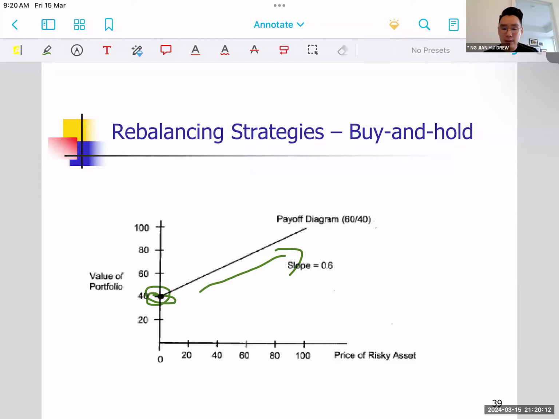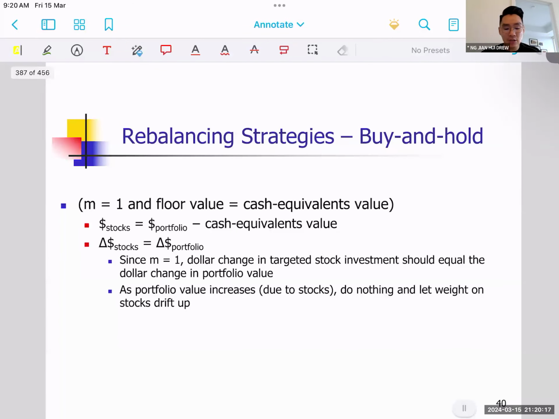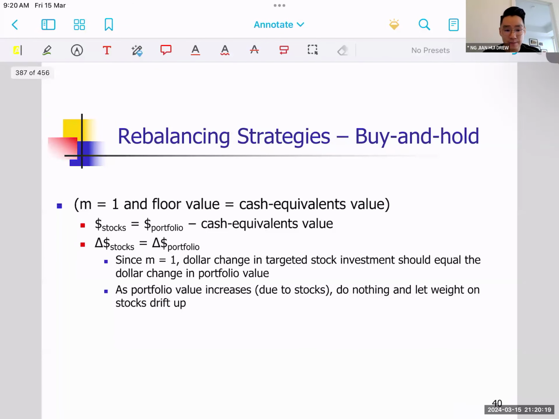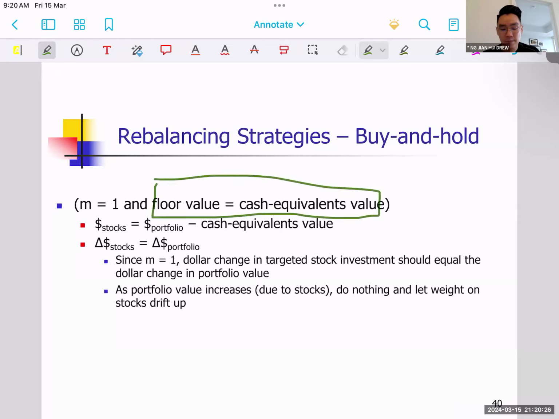Now, having this in mind, this understanding that there's a floor and there's unlimited upside, let's look at the equation that we just discussed. We know that the floor is contributed by the cash equivalent value, the risk-free thing that we're holding. Let's not think about this first, let's just understand the concept. We know that the portfolio consists of only stocks and risk-free assets, because in this case we only have two assets.